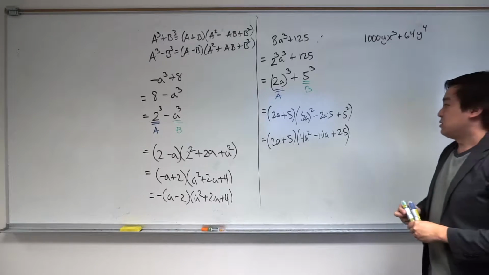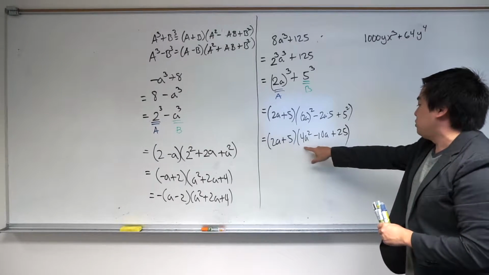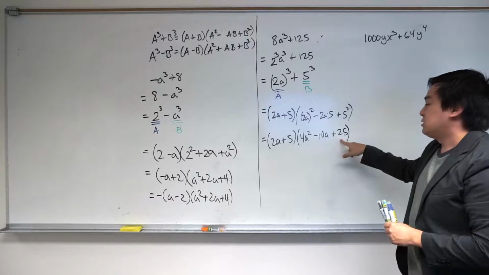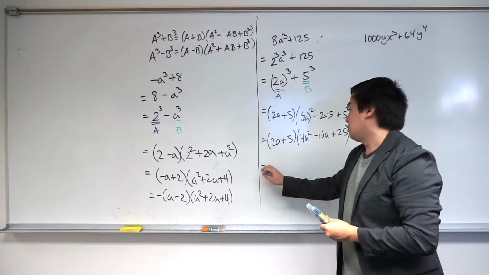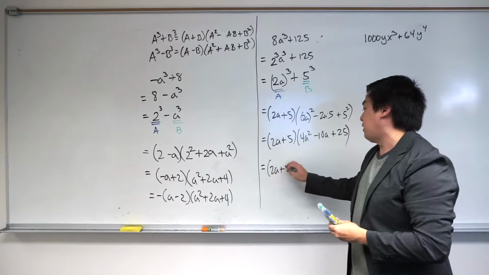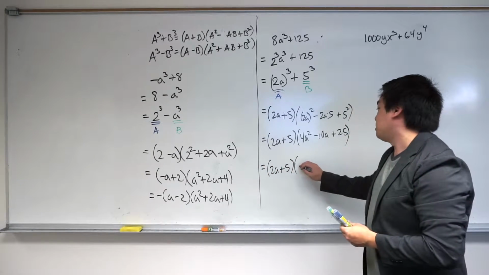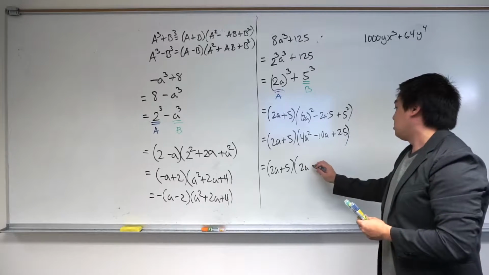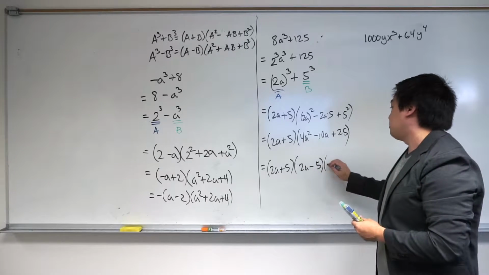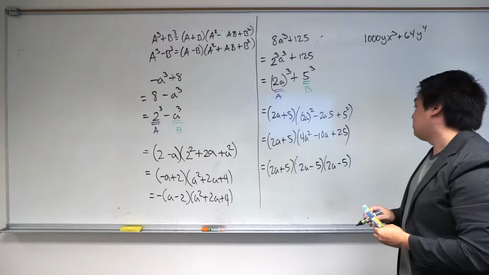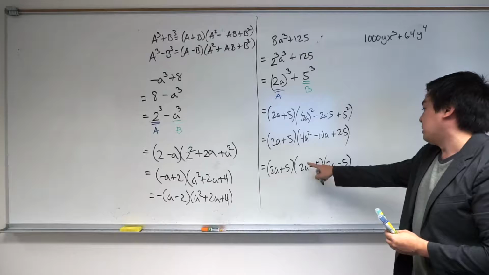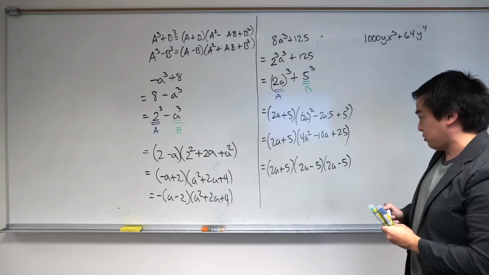So 2, 2, 5, 5, so this one is factorable, and you can write it as 2a plus 5 times 2a minus 5 times 2a. Oh no, that one doesn't work, right? Minus 10, minus 10, so that one doesn't work either. That was too big.